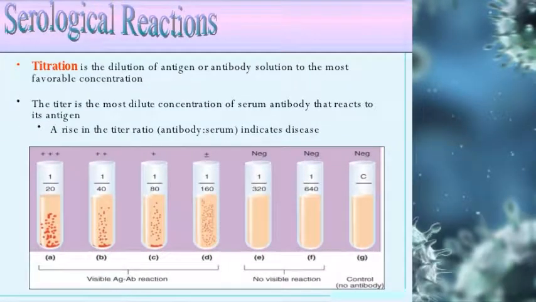I want to end this lesson by talking about titration. So, how to count viruses in a biological sample? We have two main ways. The first one is the serological titration. The second one, the biological titration. The serological titration consists of counting viruses by considering a specific mechanism.